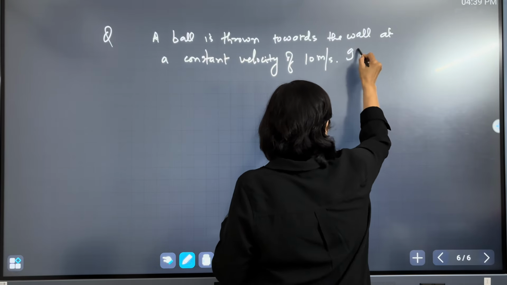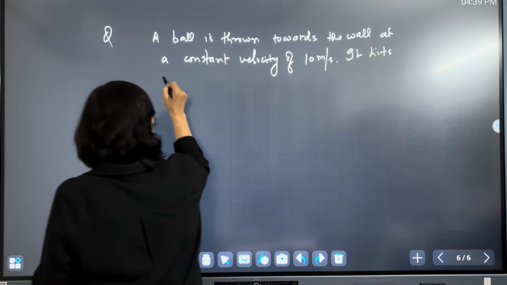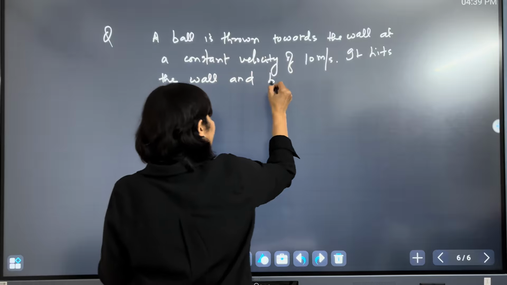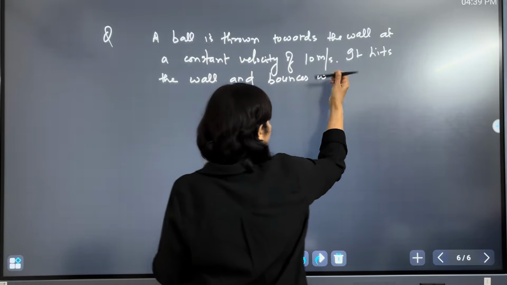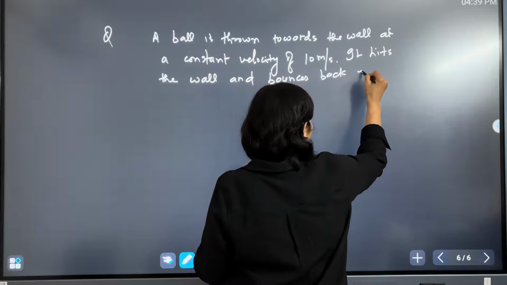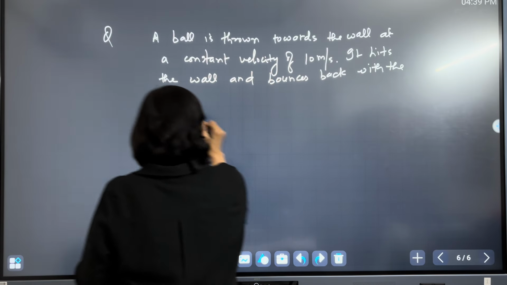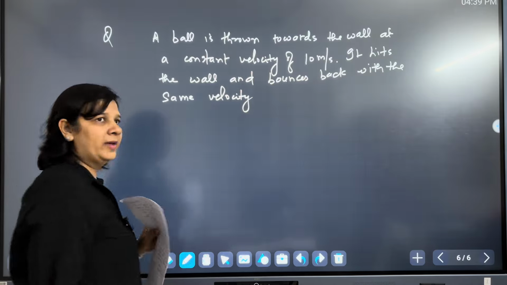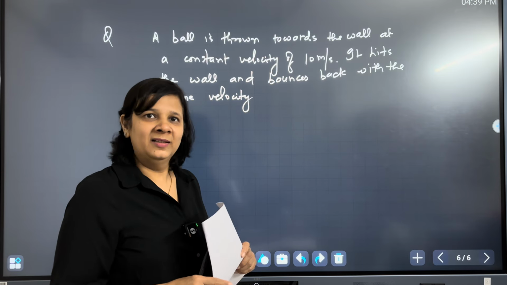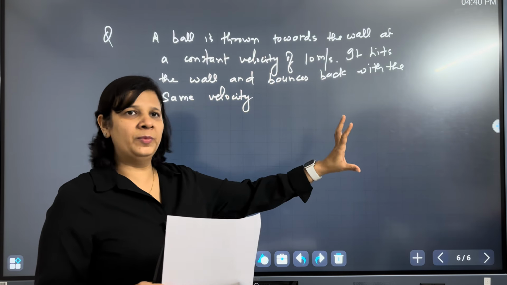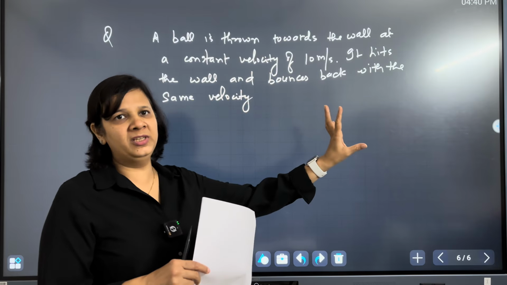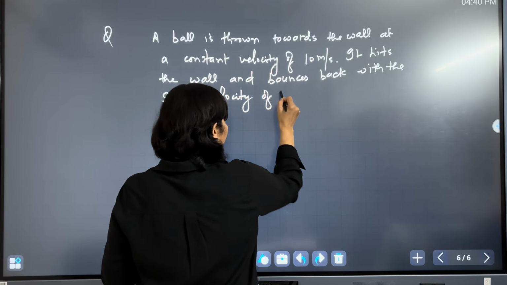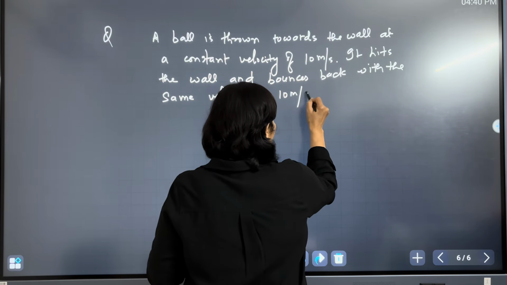It hits the wall and bounces back with the same velocity, and you catch the ball. No velocity change is there, so I am considering it to be a perfectly elastic collision. No energy is lost at the wall. It bounces back with the same velocity of 10 meter per second.